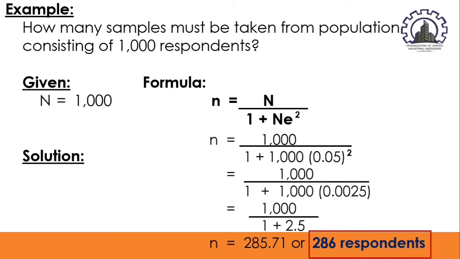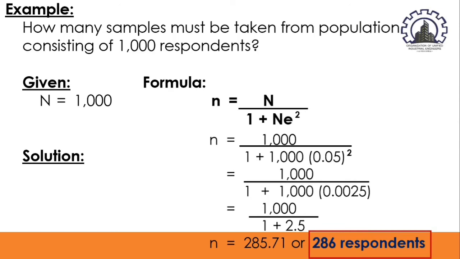And so for that matter, we will be using Slovin's formula so that we will be able to determine how many out of 1,000 respondents we will be conducting survey questionnaires to.